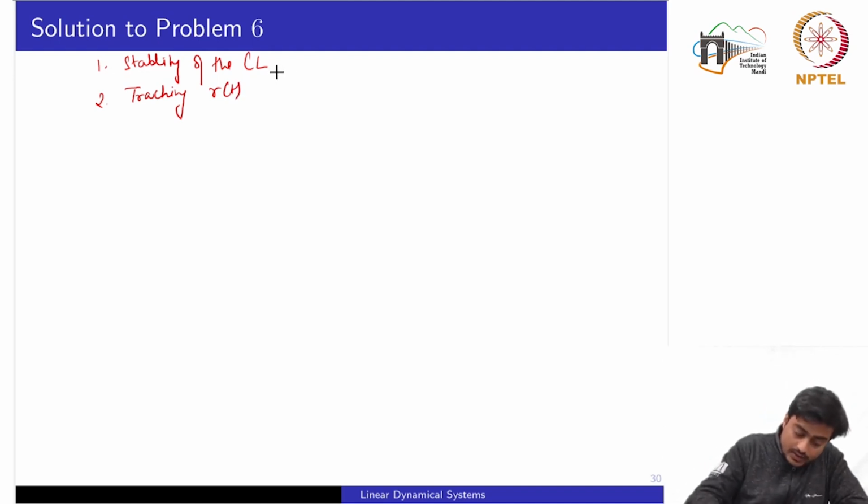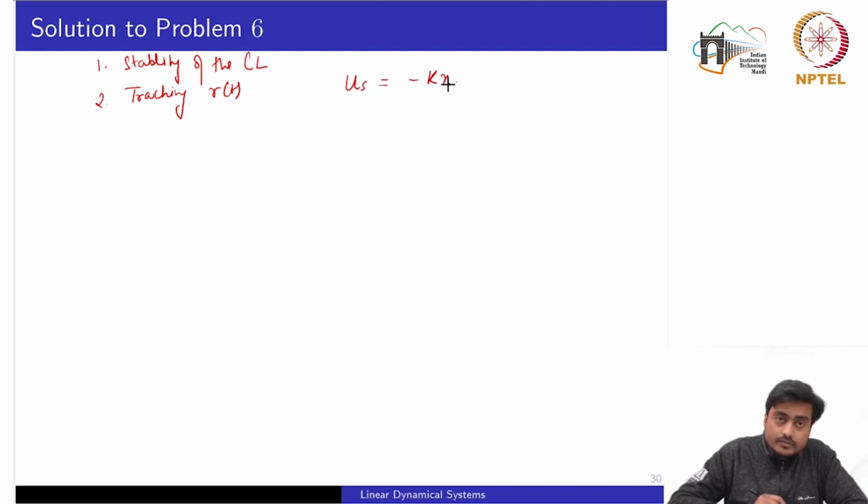Okay, so for the stability, we can design a state feedback system by using, let's say, u_s as minus k times x. Okay, now for tracking, here we would design a multivariable PI controller, because if you recall from your UG control class that for tracking a reference signal, PI controller gives a better performance.